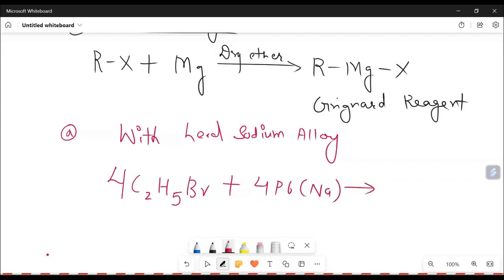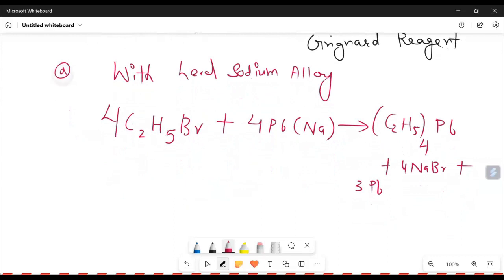The reaction goes like that, and it will form (C2H5)4Pb, plus 4 moles of NaBr plus 3 moles of again Pb. So the reaction is completed now with lead sodium alloy.